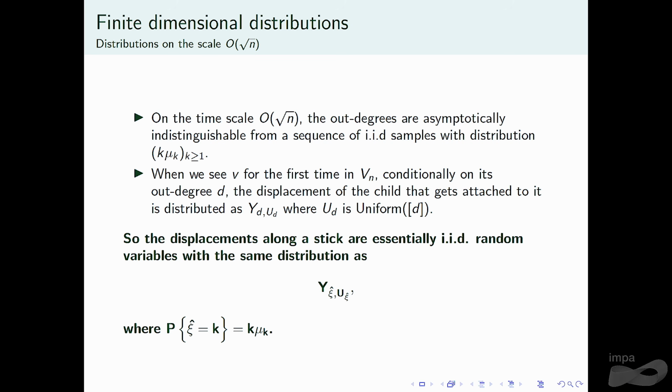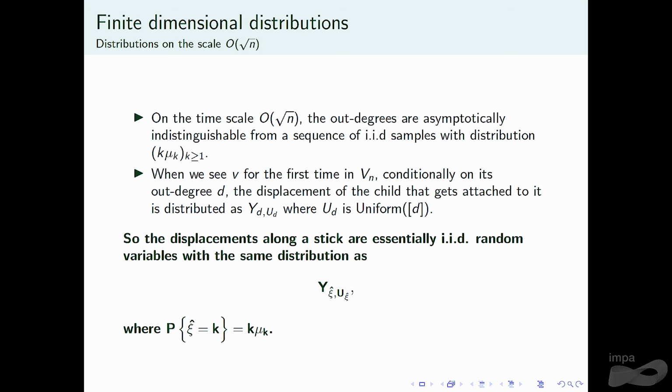Therefore, the displacement incurred by the first child that we graft on is uniform in the displacement vector away from that parent. So that's this second point here: conditionally on the out degree, the displacement of a child that gets attached for the first time to the vertex is going to be uniform among those displacements.